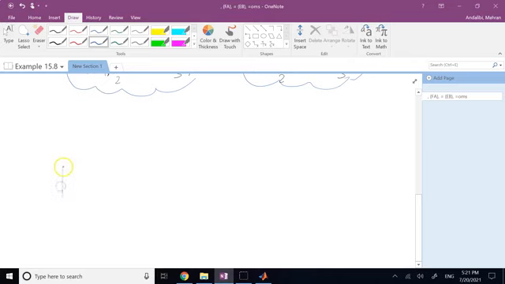So this is block A, this is T, this is angle alpha, right?